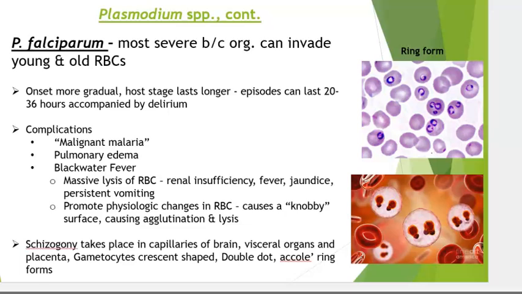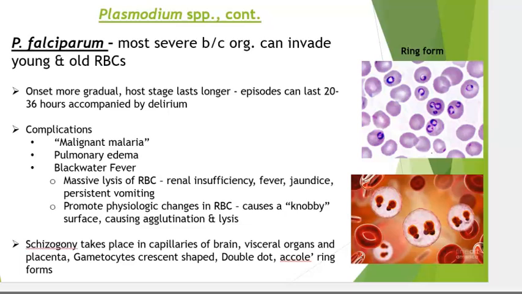It can promote physiological changes of the red blood cells, causing a knobby appearance, causing agglutination and lysis of those cells. Schizogony, which is asexual reproduction through binary fission, can take place in capillaries of the brain, visceral organs, and placenta. The gametocytes are crescent-shaped with Plasmodium falciparum.